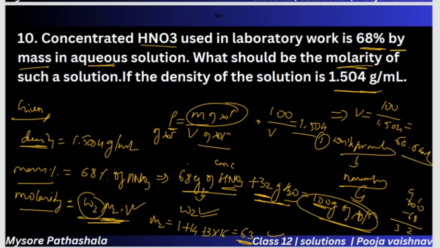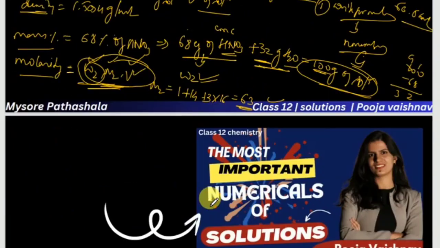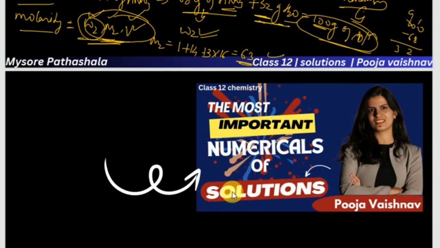Now with all these three values, that is mass of solute, molar mass of solute, and volume of solution, in the next slide we will solve, because we got the values, but we need to substitute, right?